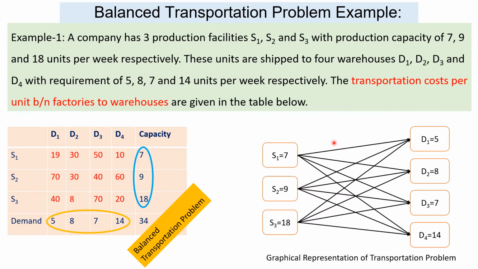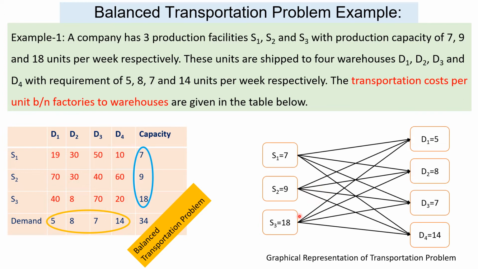So we can write the cost to transport an item from S1 to D1 here. The cost is 19, and the cost for S1 to D2 is 30, and here is 50, and here it is 10. The cost from S2 to D1 is 70, so we write 70 here, then 30, then 40, then 60.